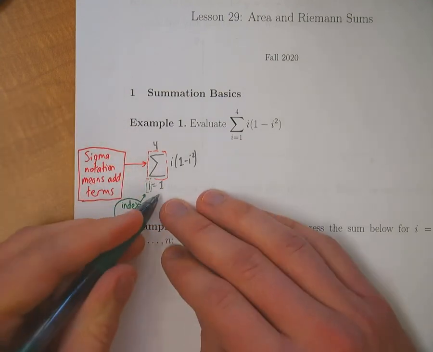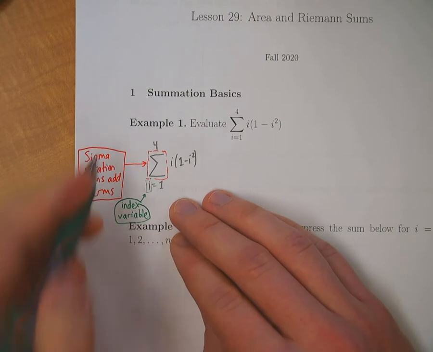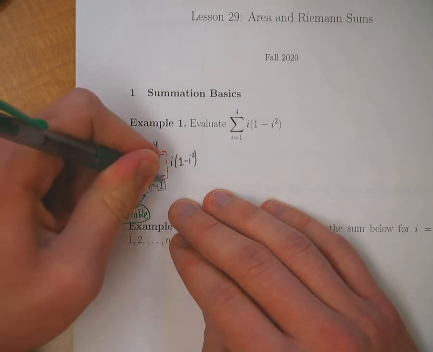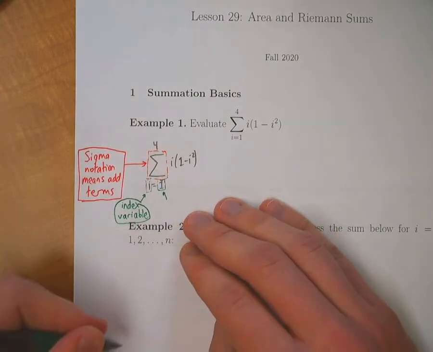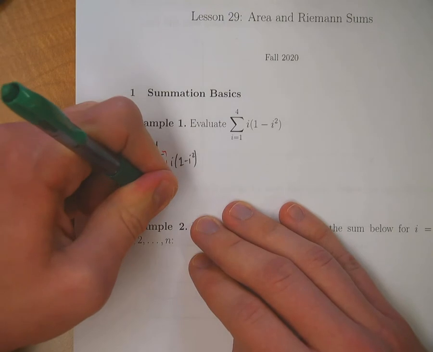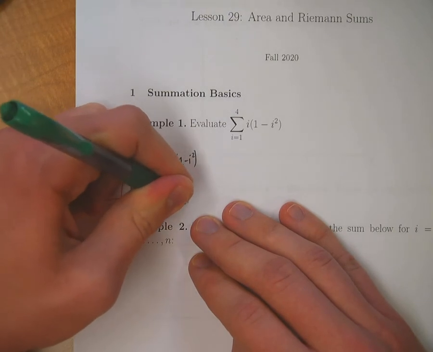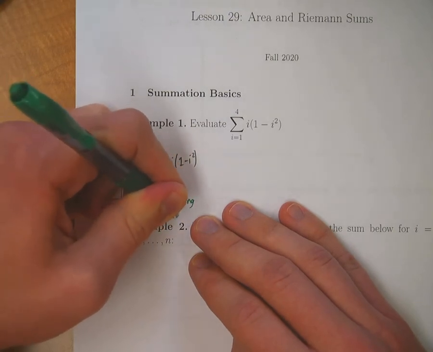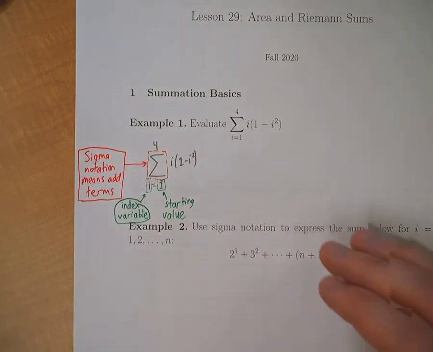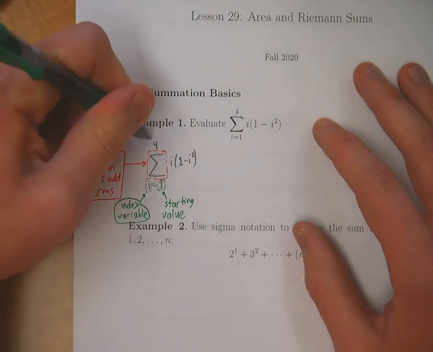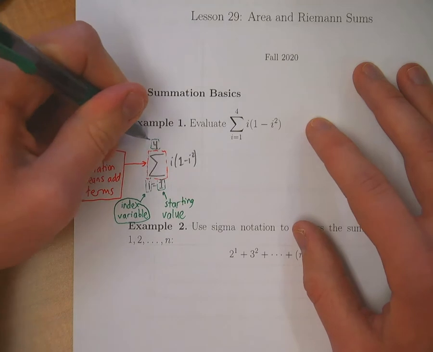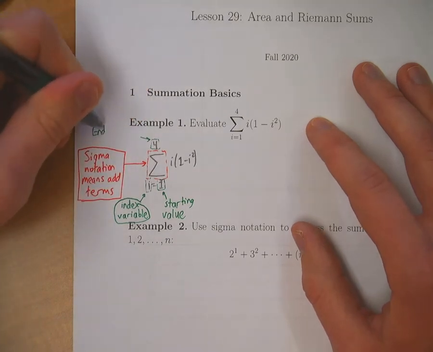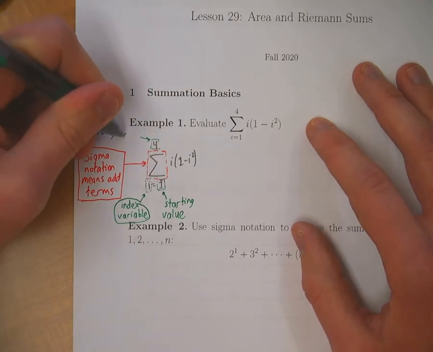Then if you see i equals 1, that indicates where you start, so that's your starting value. And this 4 on top indicates where you're ending, the ending value.